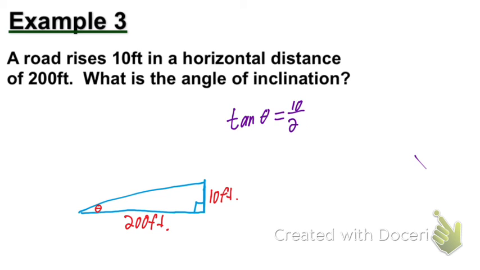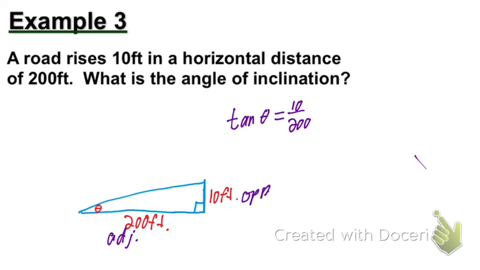Okay. How do we know we were using tangent? Because we had the opposite and the adjacent. You go off of what you have. When you're looking for the angle, you have to go off of two sides you already have and pick your ratio. Now, how do we get theta by itself?